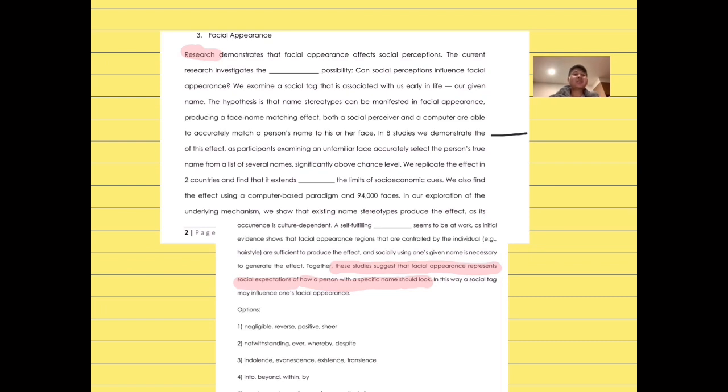For example, if the boy is named Hugo, how Hugo should look. Or if the woman is named Claudia, how Claudia's face should look. This is the main idea of the question, facial appearance. Now we're going to read the text and find the answer together.